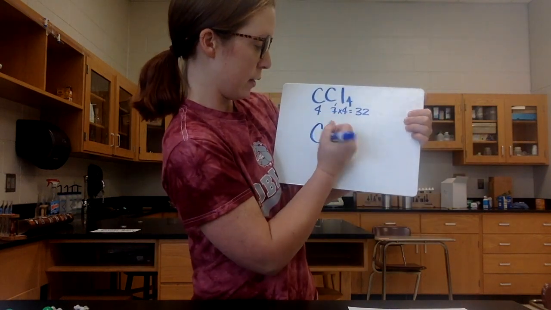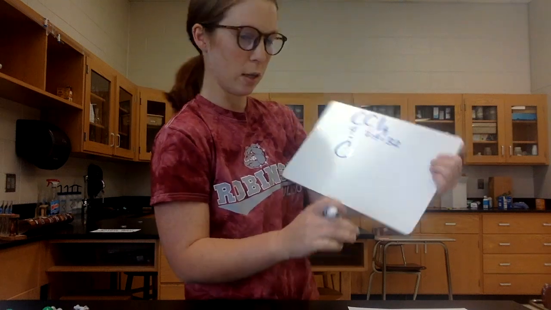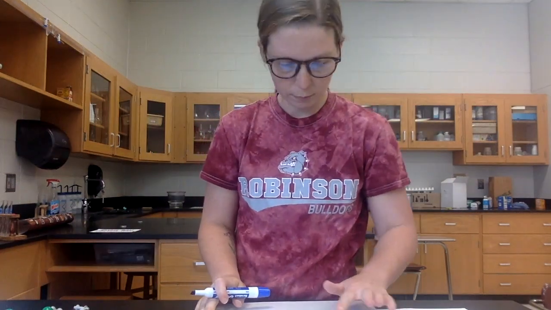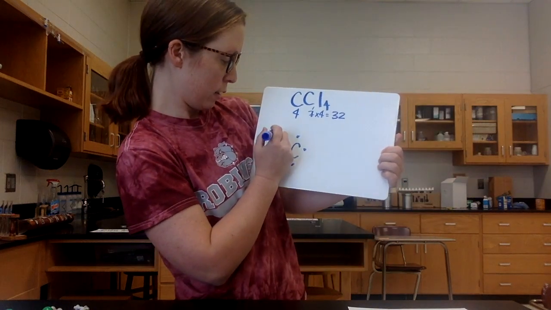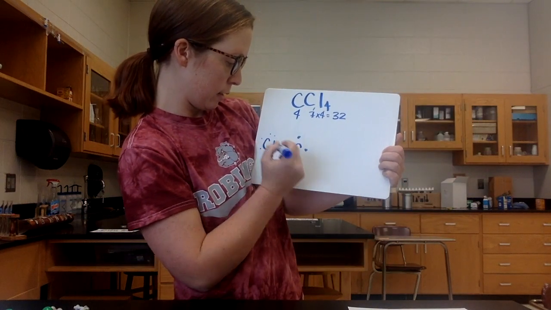We're going to draw our dots. So we know carbon, let me lower this a little bit. Carbon, we know based on its Lewis dot structure, should have 4 dots. Each chlorine should get 7 dots.